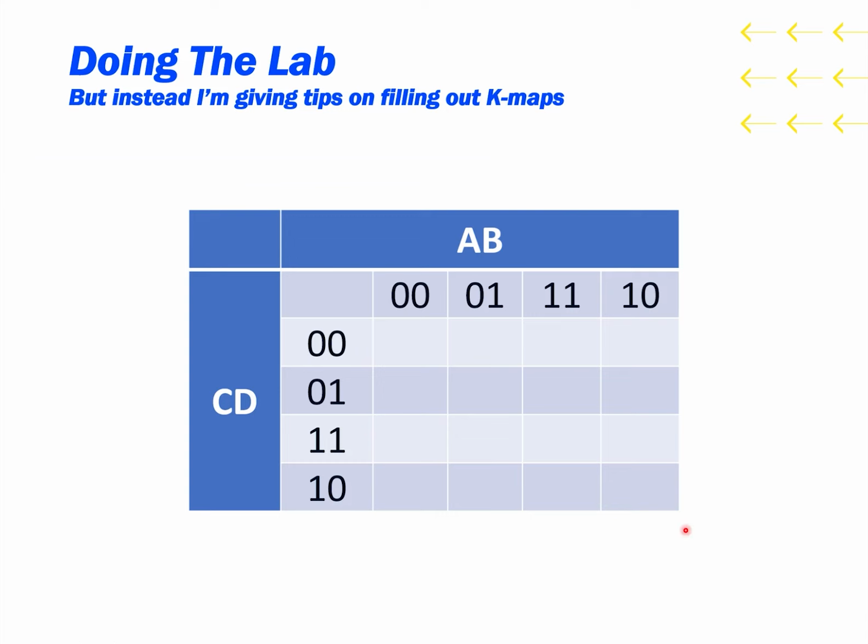If we look at the C and D values that represent the rows, we see that we have row 0, row 1, row 3, and then row 2. So we notice that these two are out of order. And similarly with the columns.